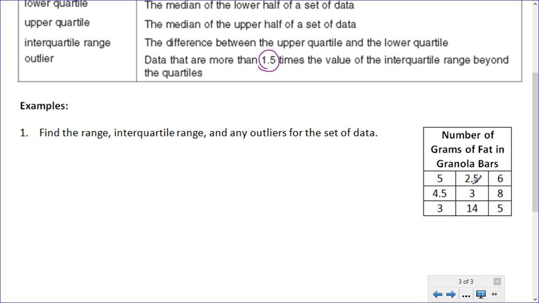So the smallest one is 2.5, and then we have a couple of 3s and a 4.5. Got a couple 5s and a 6, 8, and 14.